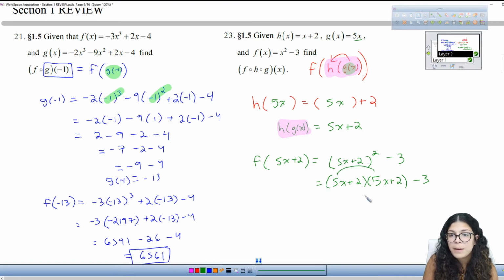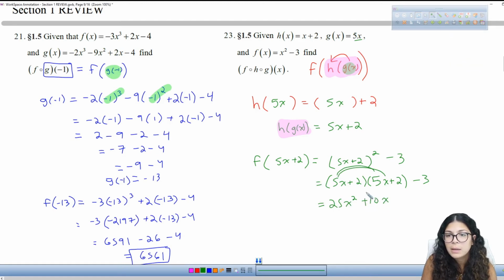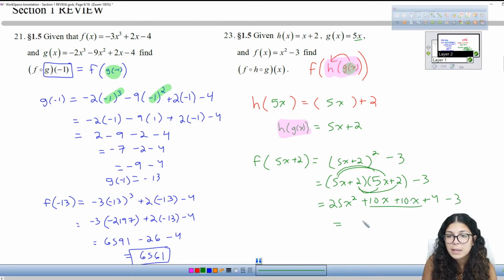Okay, so 5x times 5x is 25x squared. 5x times 2 is 10x. 2 times 5x is 10x. 2 times 2 is 4. And I can bring down the minus 3. I can combine 10x plus 10x is 20x. 4 minus 3 is 1.